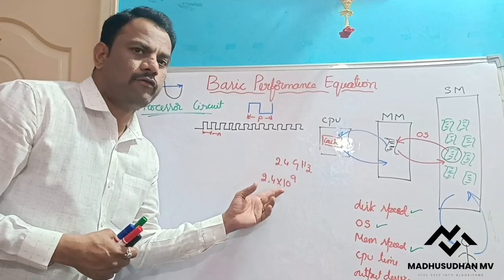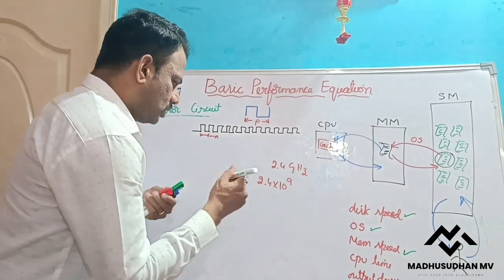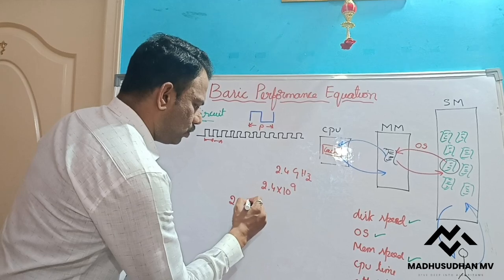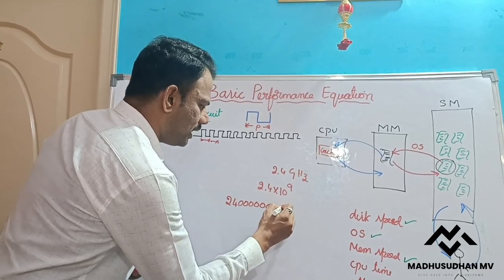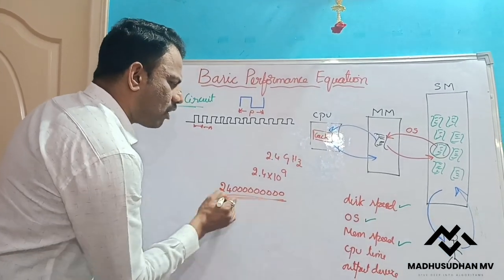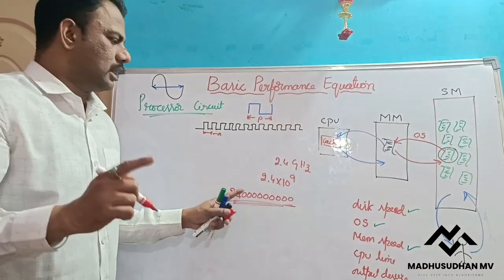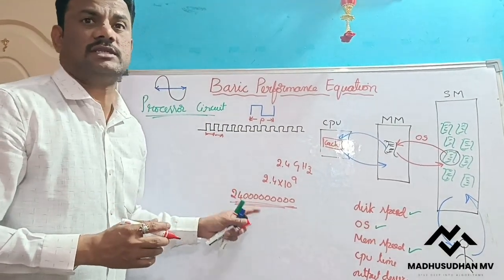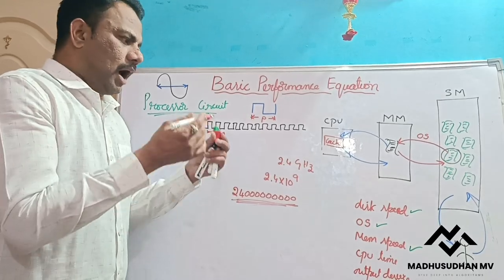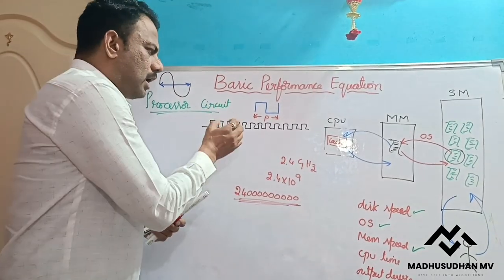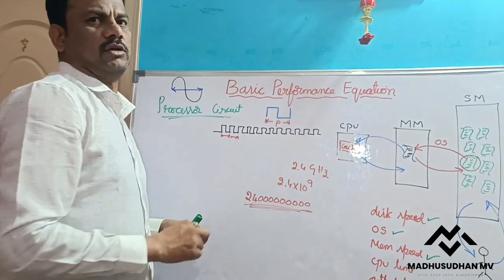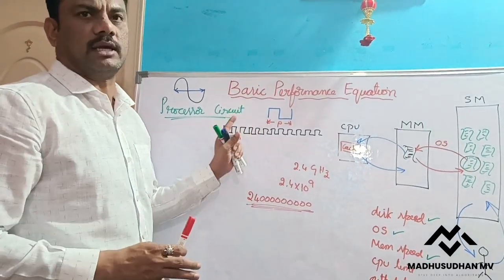But think of 2.4 into 10 to the power of 9: 1, 2, 3, 4, 5, 6, 7, 8 zeros. So these many clock cycles are generated in 1 second, which means these many operations can be done in 1 second. That much faster our system is. So our intention is to reduce the clock cycle as much as we can, so that we can execute faster. This is the importance of the clock cycle.